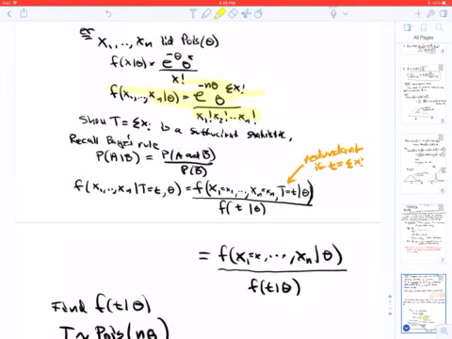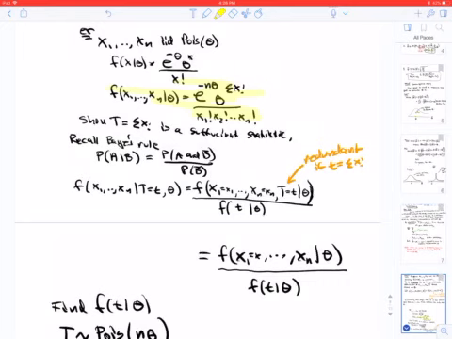So remember from Bayes' rule, the conditional density is written as the density for x1 to xn and t over the density for t, and of course this density of x1 to xn and t is only non-zero if t is actually the sum of x1 to xn.